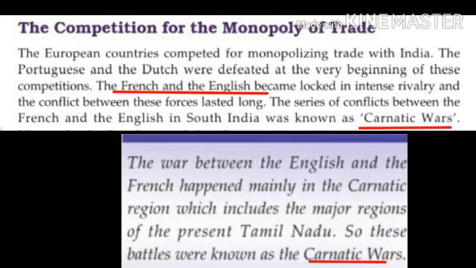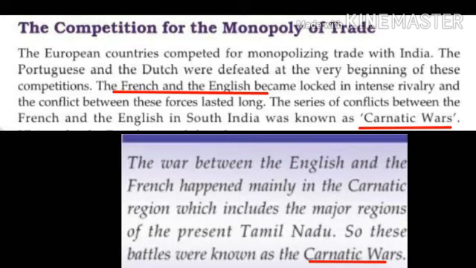Students, let's take a review of what we learned today. The competition for the monopoly of trade, that is, the European countries competed with each other for the trade monopoly with India.